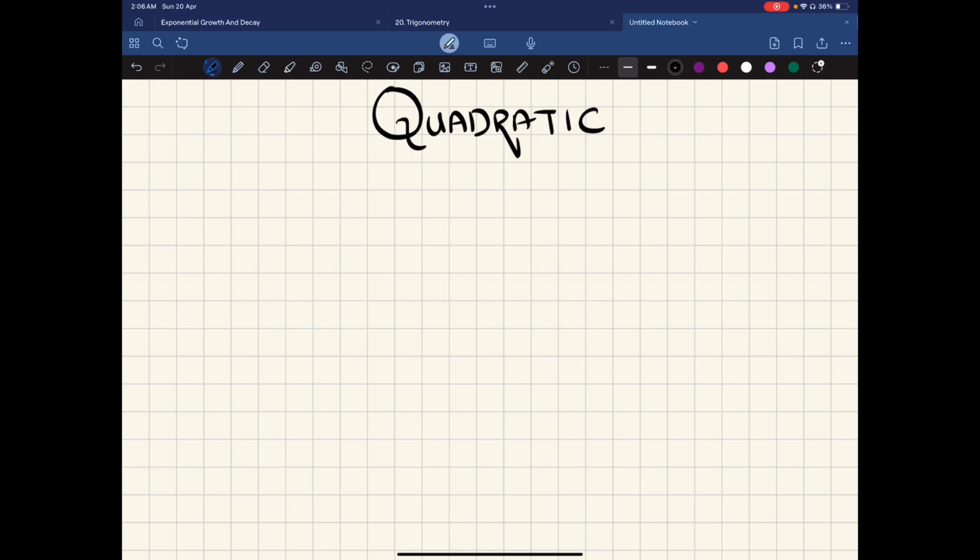Okay, now let's start with quadratic functions. How do we identify quadratic functions? The maximum power of x is 2 in case of quadratic functions. So what is the general form of a quadratic equation? y equals ax squared plus bx plus c.